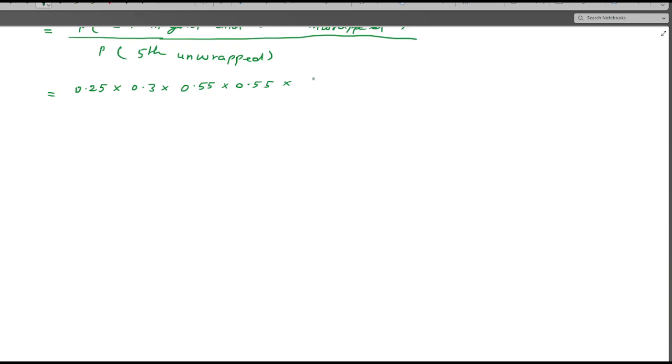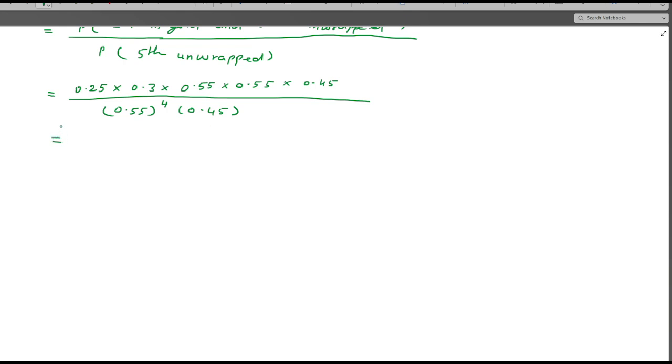Now the probability of the chocolate being unwrapped is 1 minus 0.55, so it is 0.45. Divided by the probability that fifth is unwrapped. That means the rest are all either wrapped in gold or wrapped in red. So 0.55 power 4 times 0.45.